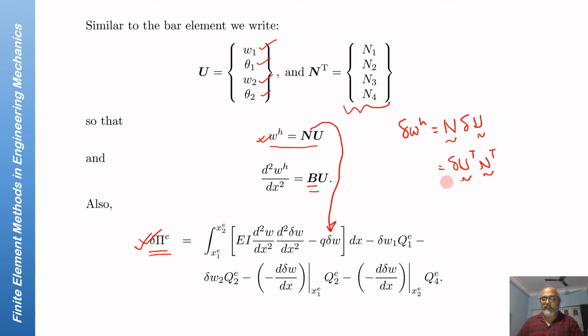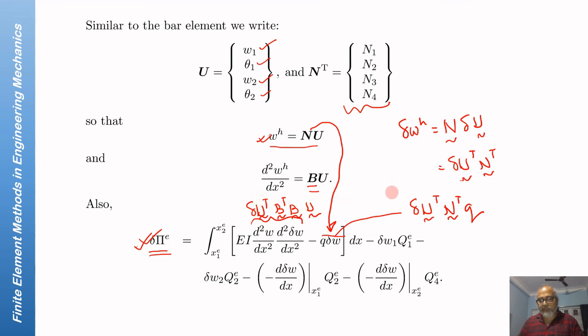So when you write it like this, it will become del U transpose n transpose Q. You write this as, so write this first, del U transpose B transpose, and then write this as dU.